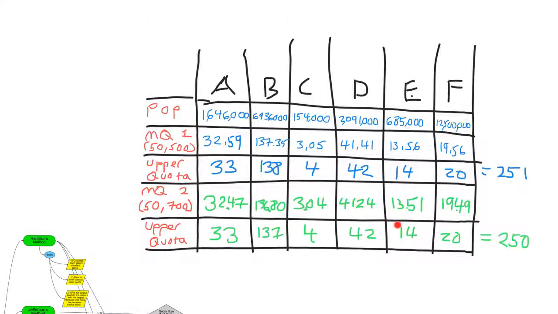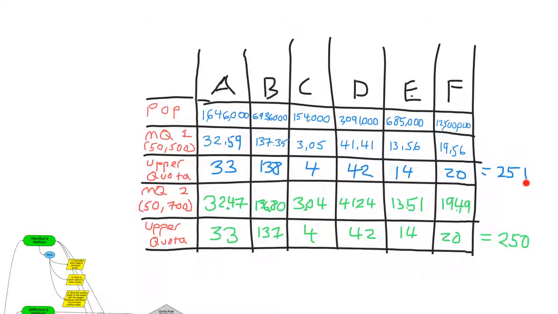That's how you do the Adams method. Once again, you choose a standard divisor or a modified divisor that is slightly higher than the standard divisor. That results in lower quotas than the standard quota. You then round up each time, and then you add it, and you see if you end up with the exact amount of seats in Congress that you need.